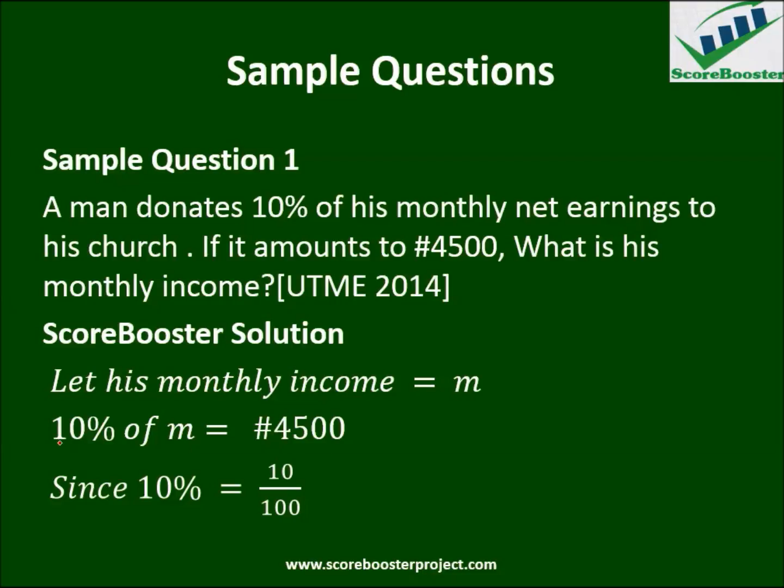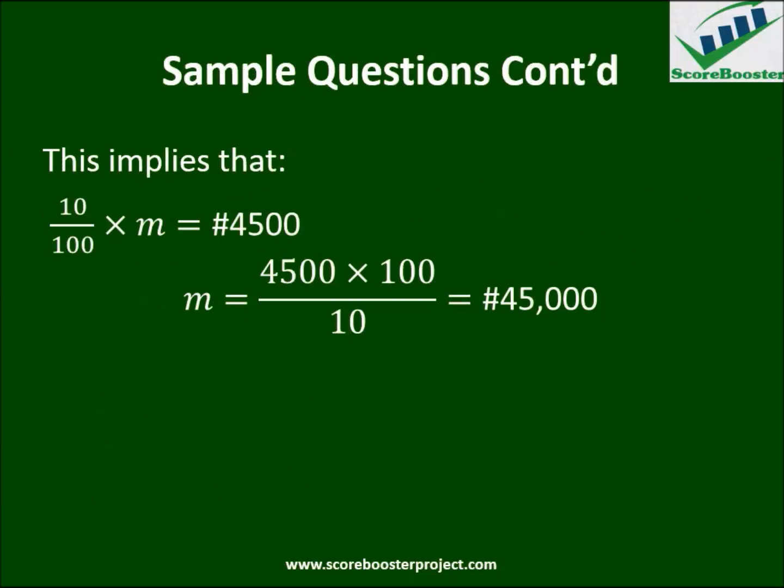Since it was given that 10% of his monthly income M is equal to 4,500, and since the percentage sign represents 1 over 100, 10% is simply 10 over 100. This implies 10 over 100 times M equals 4,500.